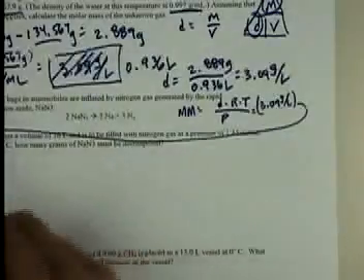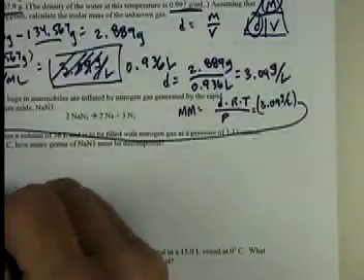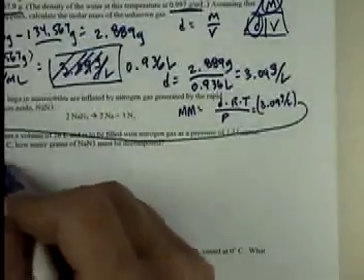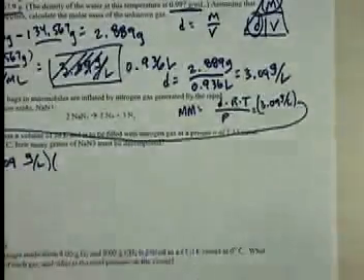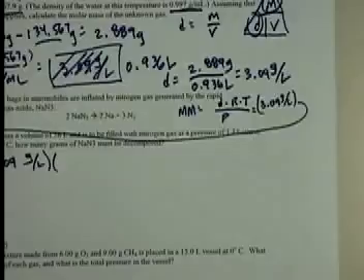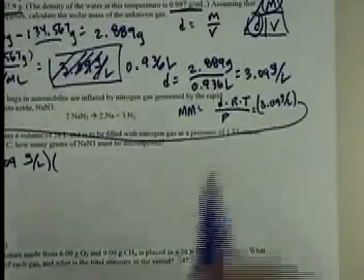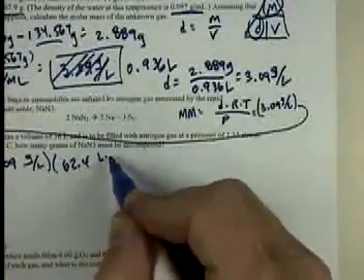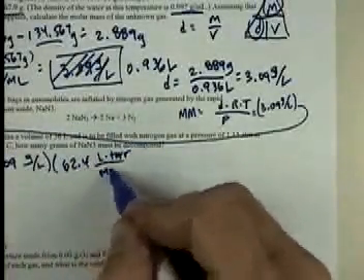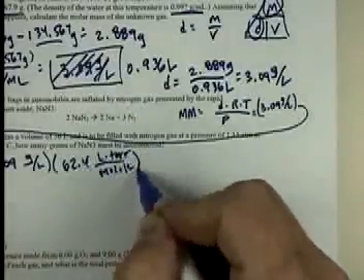Molar mass is equal to 3.09. Notice it's in grams per liter. My pressure is given to me in torr, so I'm going to use R as 62.4 liters times torr per mole times Kelvin.